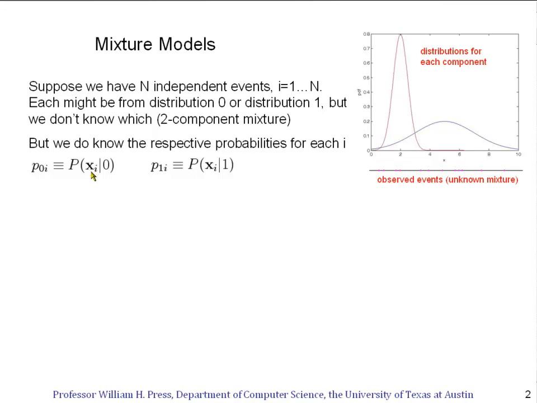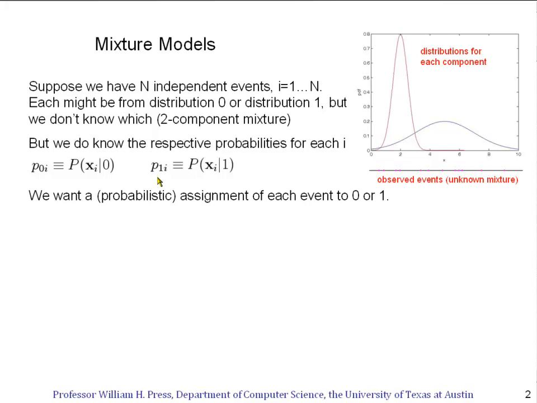Now we don't know which distribution the event is drawn from, but we do know for each value of x along the line here, or multivariate vector x here, what the respective probabilities are of it having that value of x if it's drawn from distribution 0, and we call that p0i, or if it's drawn from distribution 1, and we call that p1i. And it should be obvious to you that this will generalize to more than two distributions.